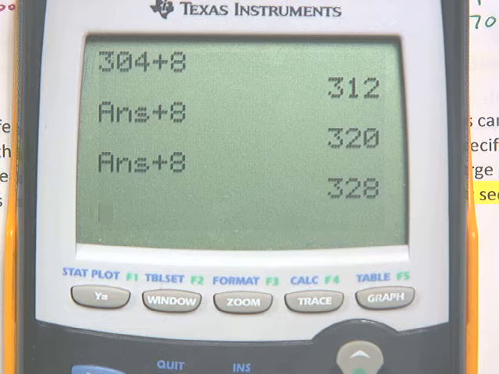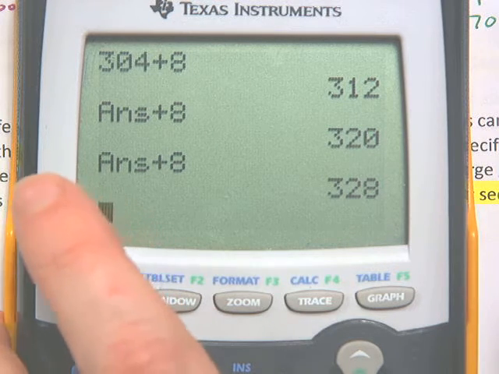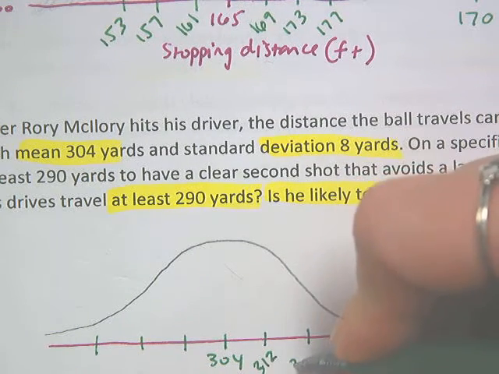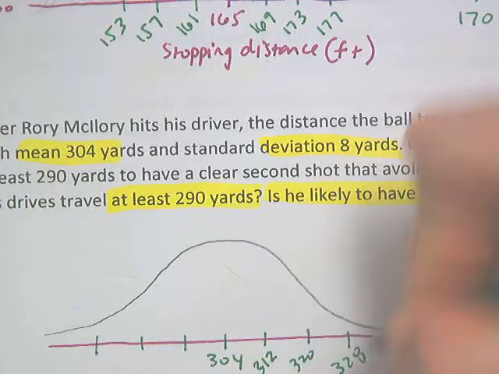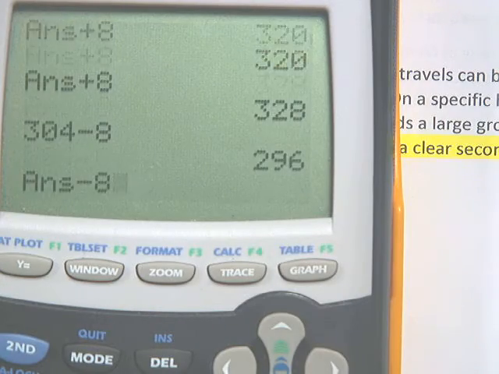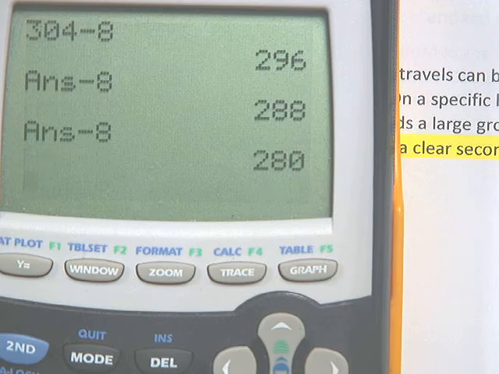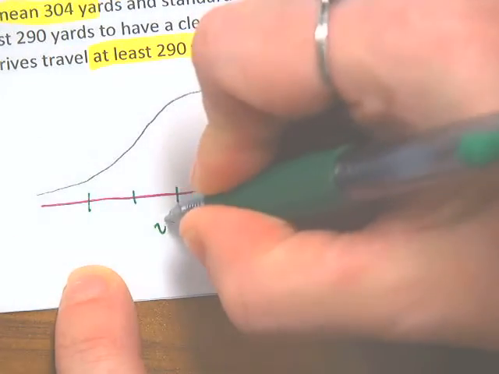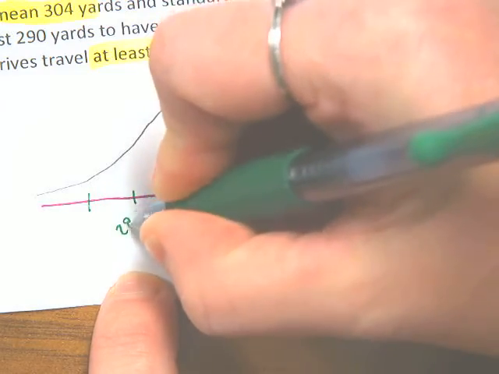Plus 8, enter, plus 8, enter, plus 8, enter. 312, 320, 328. Minus 8, minus 8, minus 8. 296, 288, 280.